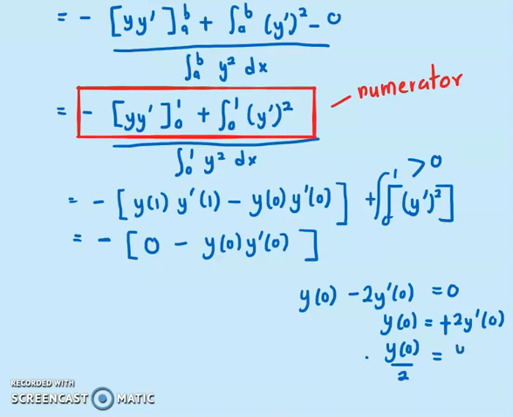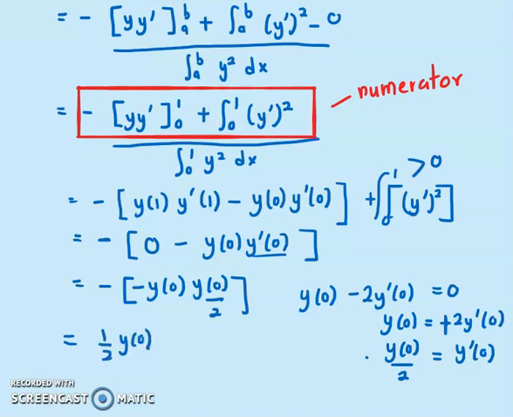Putting into here, we have negative y(0), and y prime(0) will be y(0) over 2. So positive here, we have half y(0) squared, which will always be greater than 0.